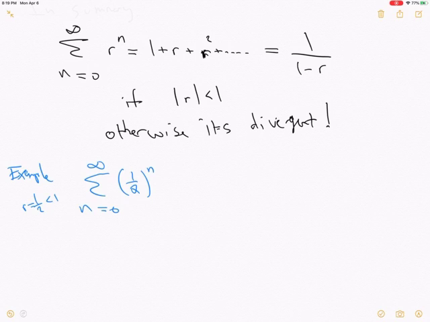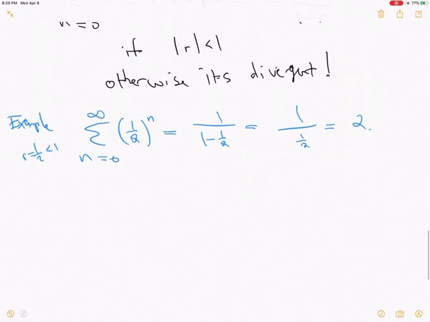But so if we want to do that, the formula says that that's equal to 1 over 1 minus 1/2. So 1 minus 1/2 is 1/2. And of course, 1 over 1/2 is equal to 2 over 1, which is just 2. That's an example of this formula here.